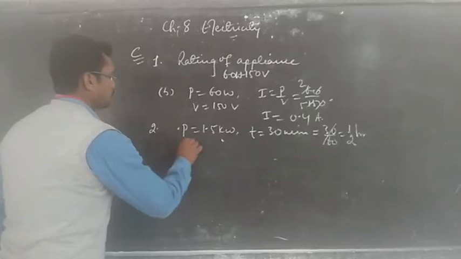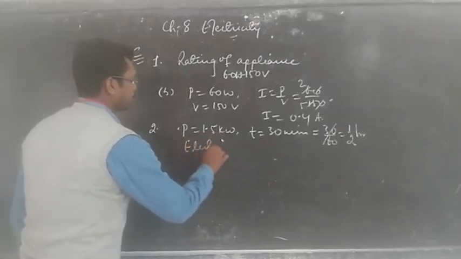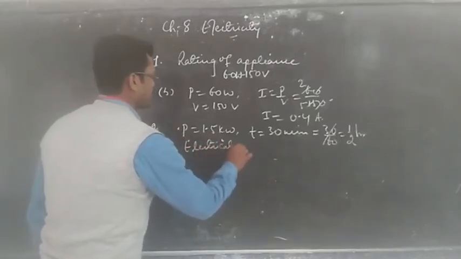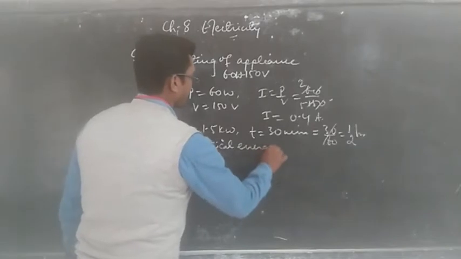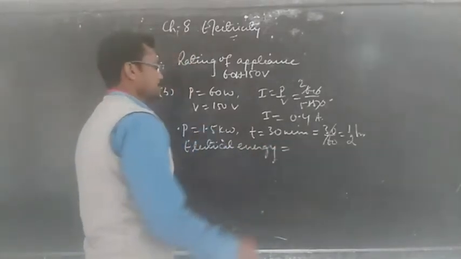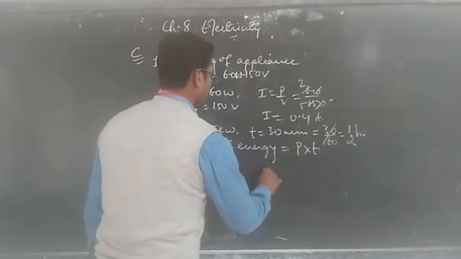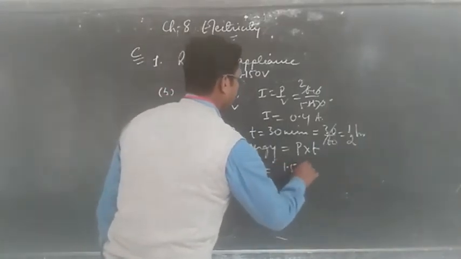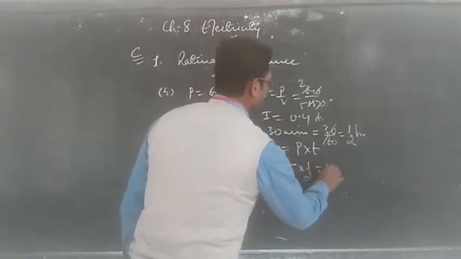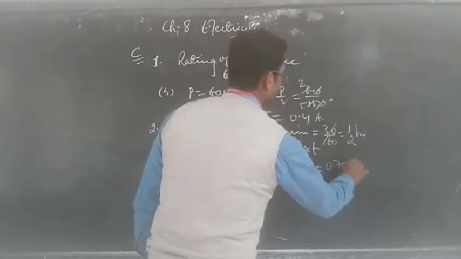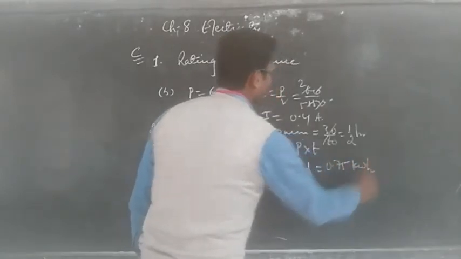Now we can calculate the electrical energy, which is P into T, where power is 1.5 and time is 1 by 2, which should be equal to 0.75 kilowatt hour.